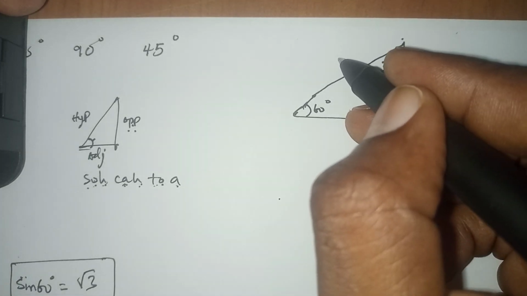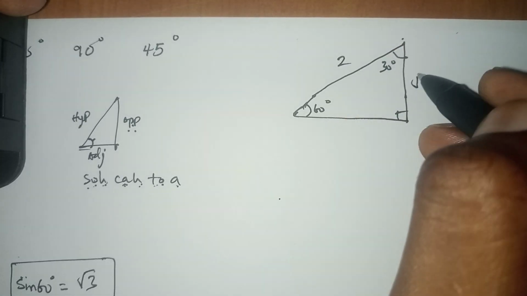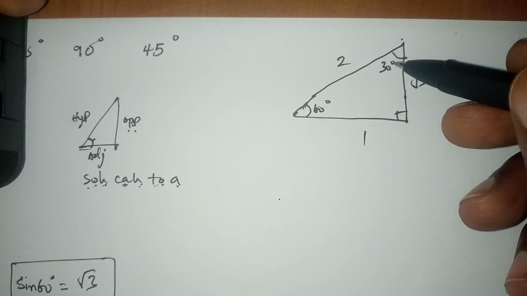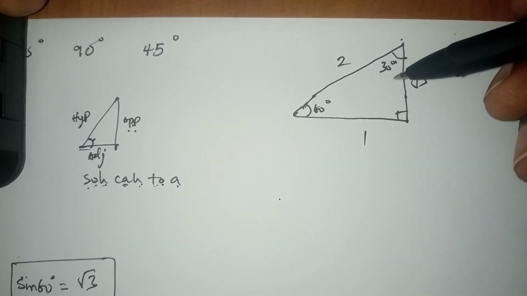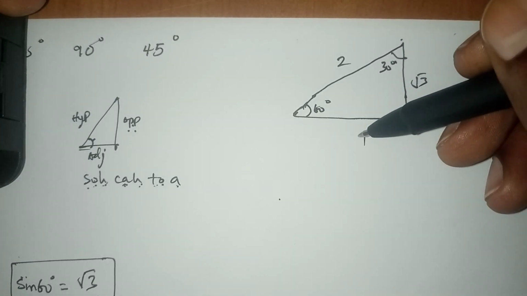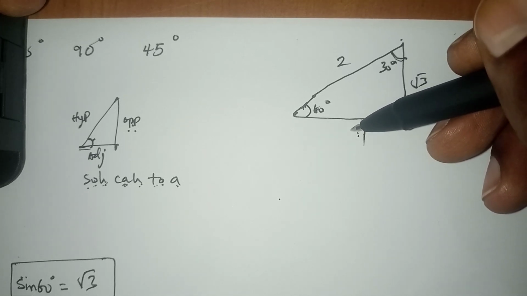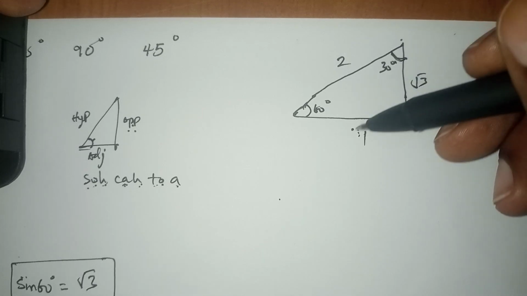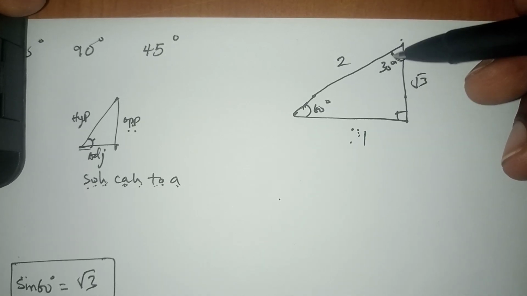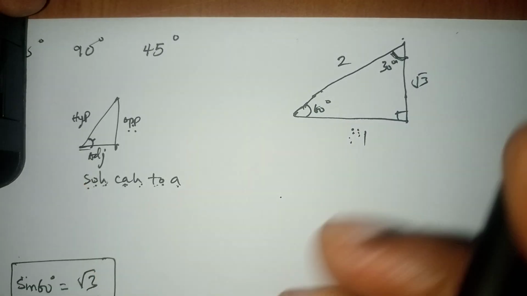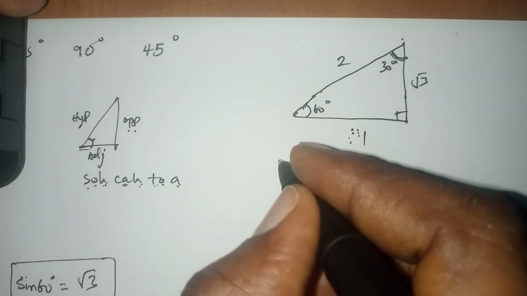And this is 2. This is root 3. And this is 1. All right, now we are done with 60. Now we are considering 30 degrees. So now our opposite will be this side, because this angle is facing this side. This is the opposite side because this angle is looking at this place.